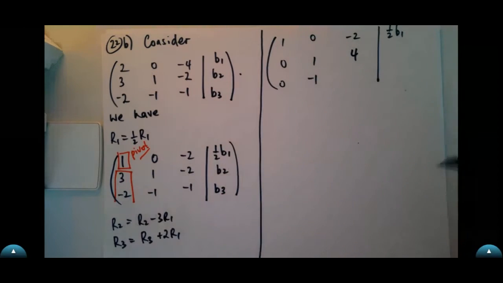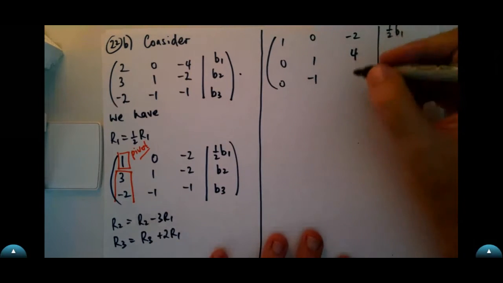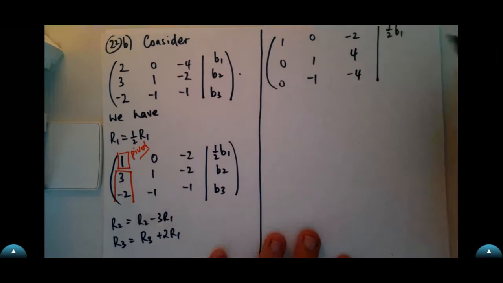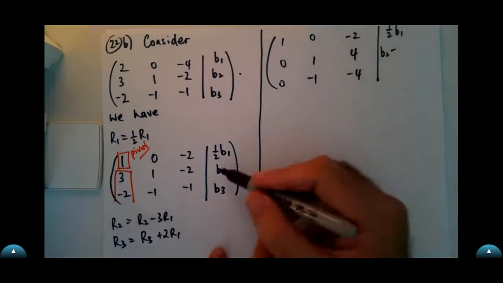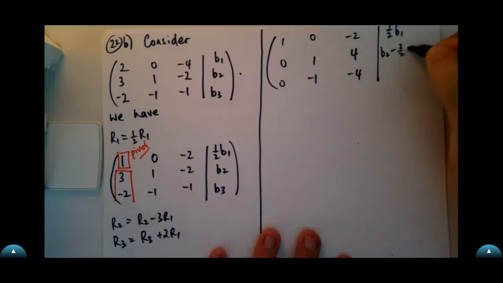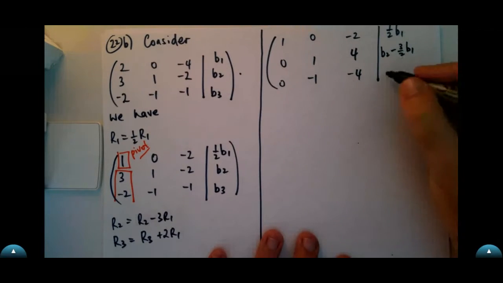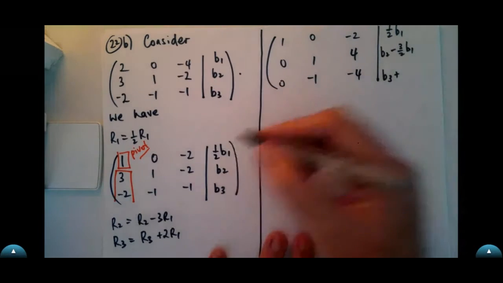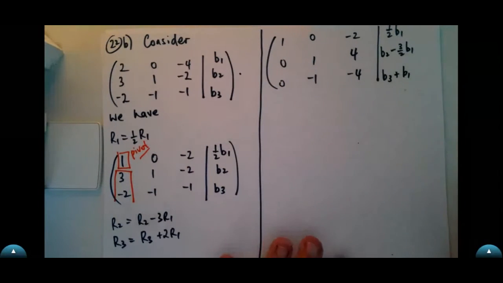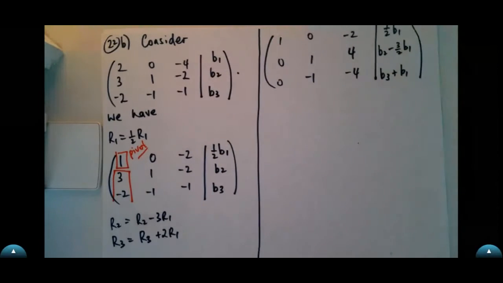So that's negative 1 minus 4, which is negative 5. So up here, we're going to get B2 minus 3 times a half B1. And down here, we're going to get B3 plus 2 times a half B1, which is just B1.